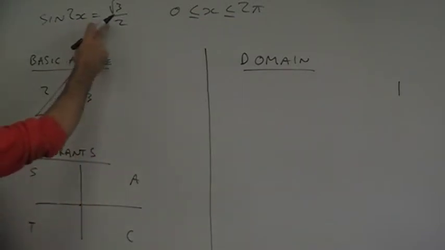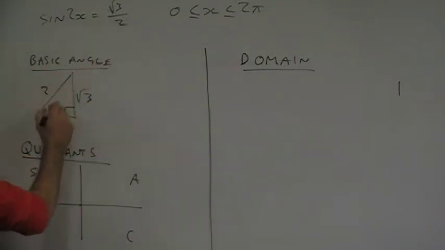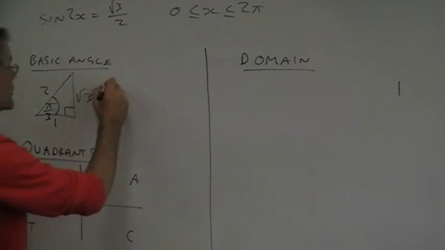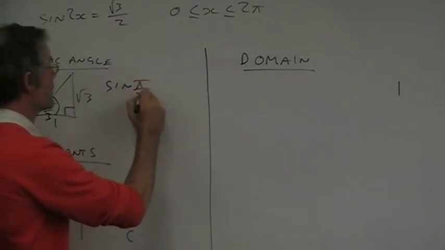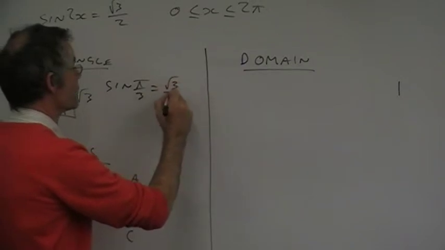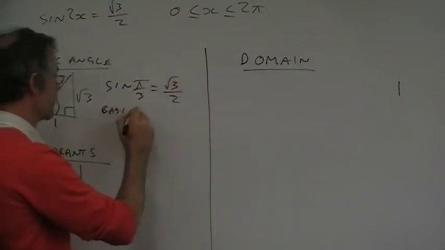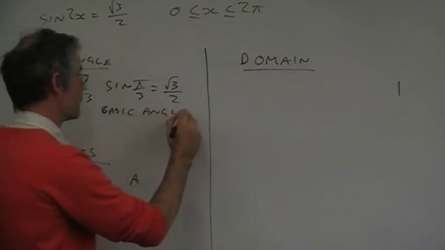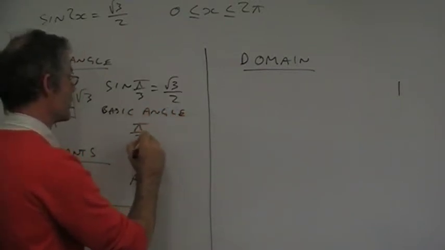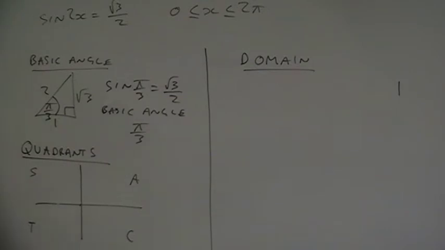The sine of the angle is root 3 on 2, so that must be in here, so that's pi on 3. So I know that sine pi on 3 equals root 3 on 2, or my basic angle is pi on 3.